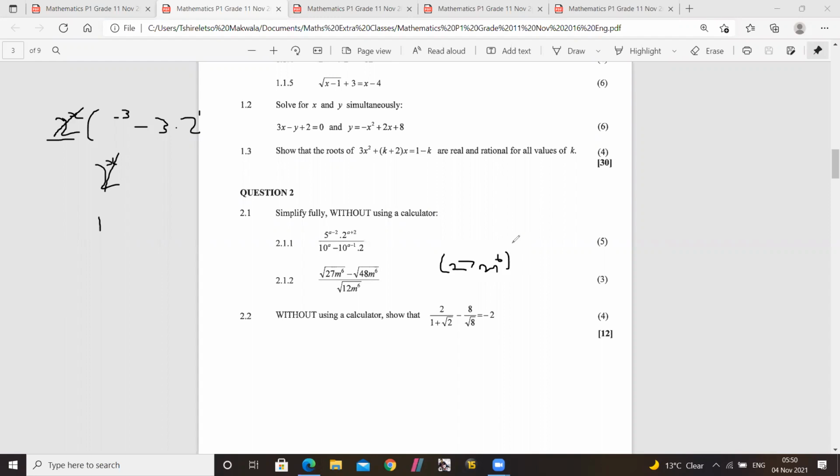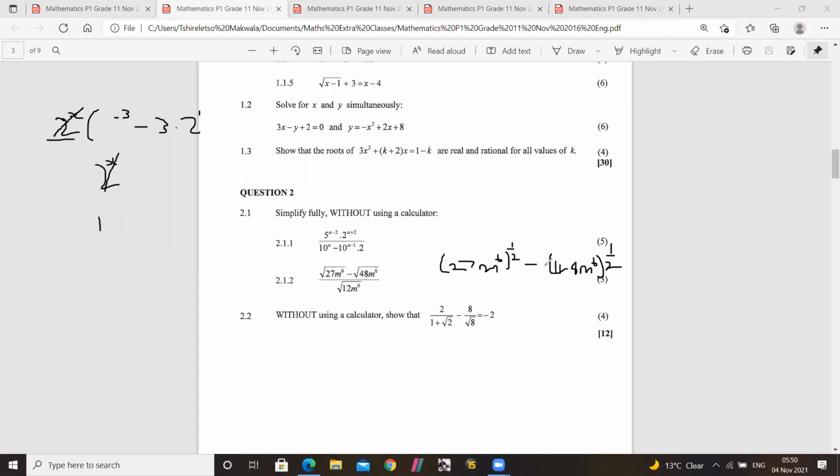So the exponent there is a half, right? Because it's a square root sign. Then this side is the same thing: 48 m to the power of 6, then to the power of a half.